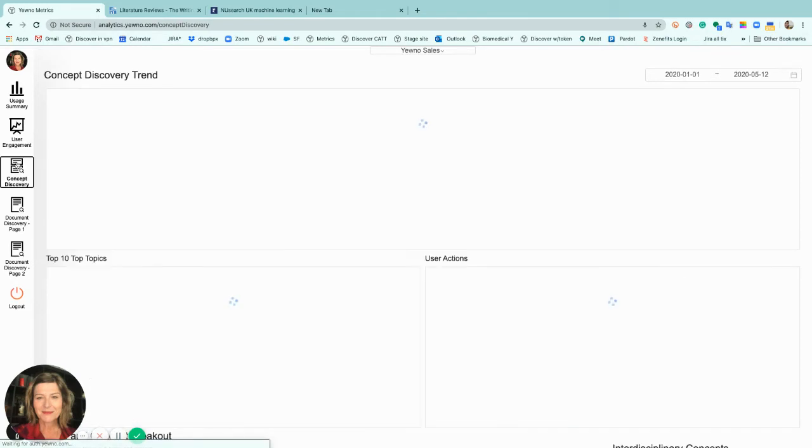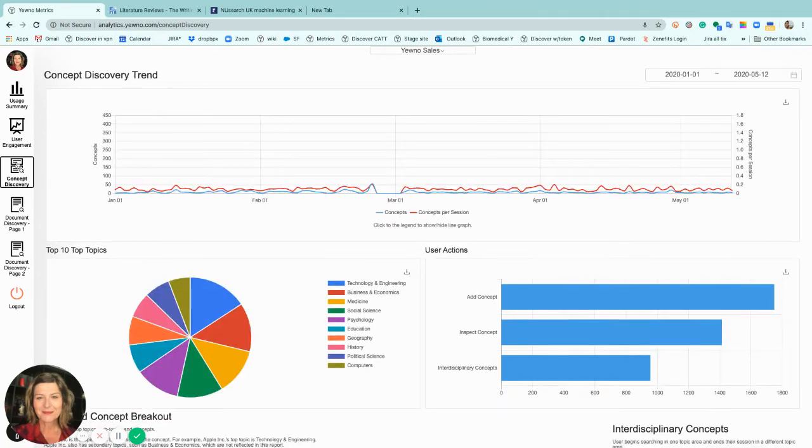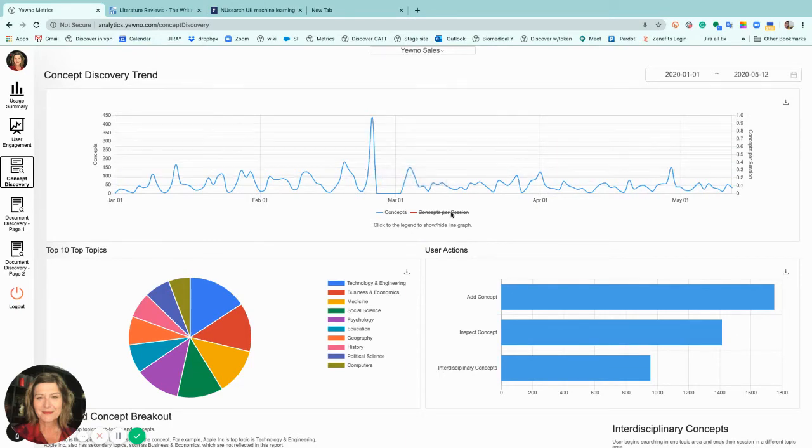Then we have concept discovery. And since searching within Yewno Discover is all about concepts, this is a really important metric for our users. So you can learn here that if we want to see the total number of concepts that were looked at in general. Right here, it tells us that on February 25th, that was a heavy research day. There were 438 different types of concepts that were looked at.